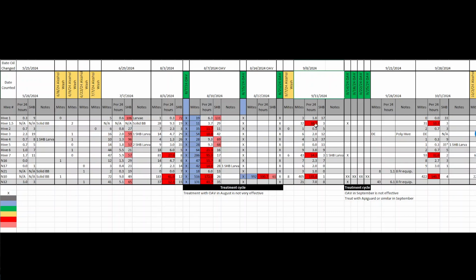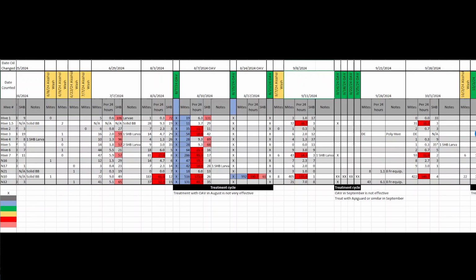So that's a lot. Just looking at this, I did 3 treatments in August. Going back, it was 61, and those numbers went up. This one was 27. Those numbers went down a little bit, but still not low enough. And this was 9.3 to 10.7. So a treatment of OAV in August is not effective because there's just too much brood, at least in our area. That's what I'm seeing with these numbers.